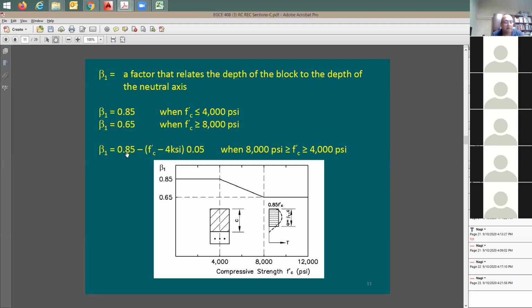You said if it reaches 4,000, correct? Yes, but the concrete strength we're using in this example is 5,000. So in the second example, we made the concrete strength 5,000. So when you have here 5,000 or 5k psi minus 4k psi, that is going to be 1 times 0.85. It means beta 1 is going to be equal to 0.8.